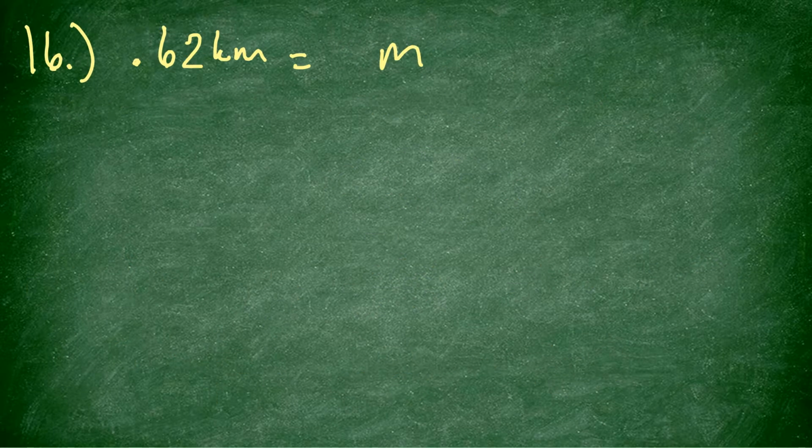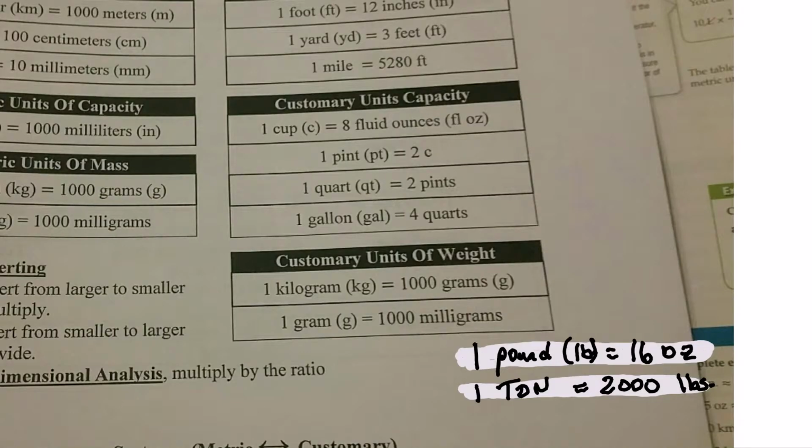Okay. All right, number 16, I'm going to go kilometers to meters. So I have 0.62 kilometers. I'm going to look at my conversion chart, and I find out that 1 kilometer is 1,000 meters.